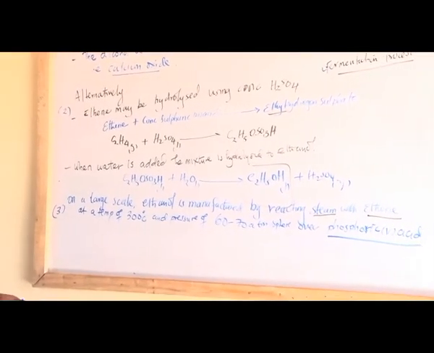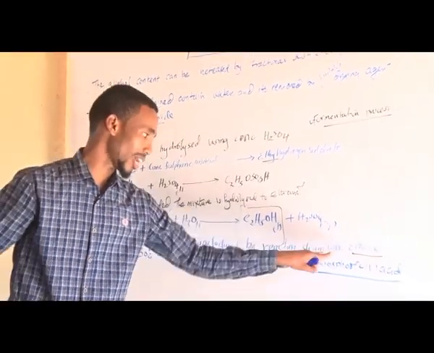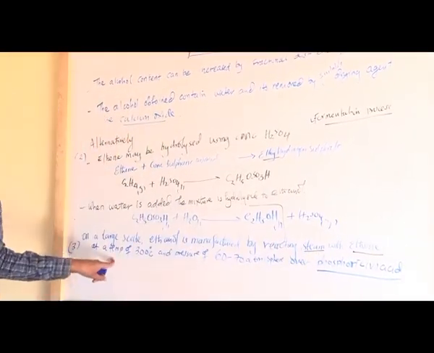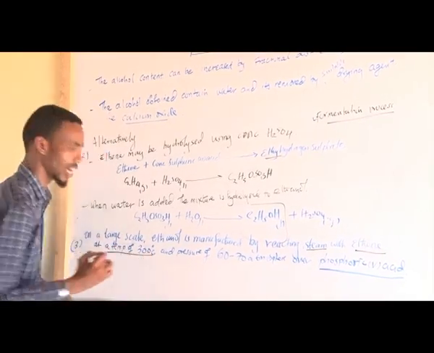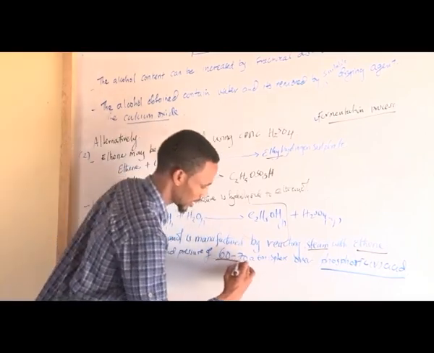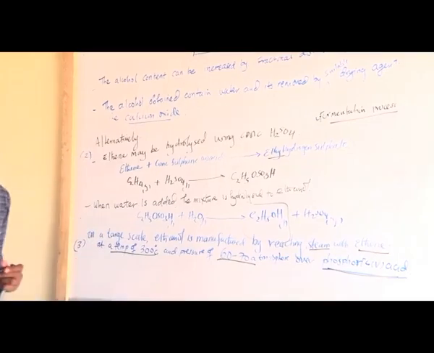Now, if you want to produce a lot of ethanol, you take ethene and react it with steam at a temperature of 300 degrees. So these are the conditions: temperature of 300 degrees, pressure of 60 to 70 atmospheres, over phosphoric(V) acid.